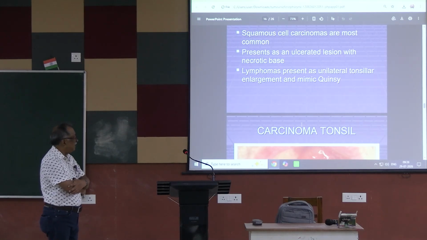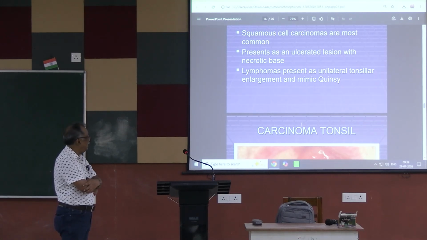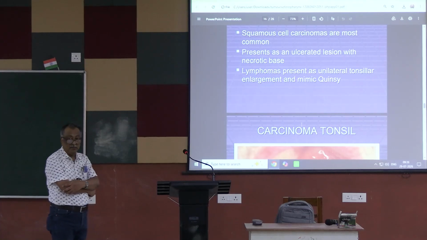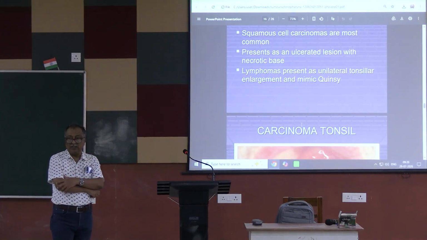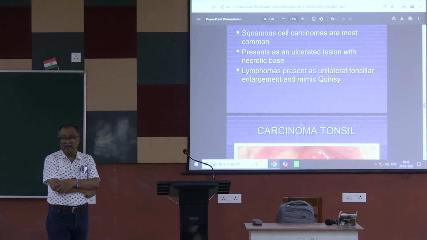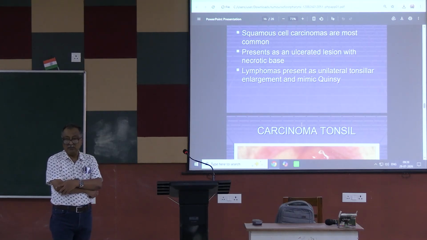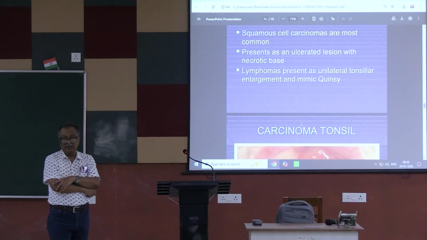The lymphomas present unilateral tonsillar enlargement and mimic the quinsy. Sometimes there is a question for the unilateral enlargement of the tonsil. The first thing you suspect, according to the age, whether it is a malignancy or not, because lymphoma happens in lower age group also.